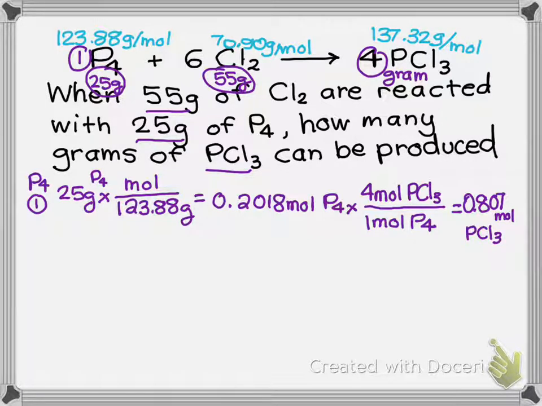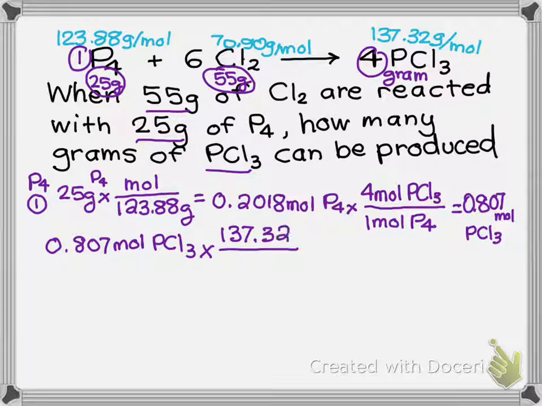And so then to go from moles to grams, I have to multiply by the molar mass of PCl3, which I have written above it. I calculated that for us before we started. So I'm going to multiply by the molar mass this time because I've got to cancel out moles.